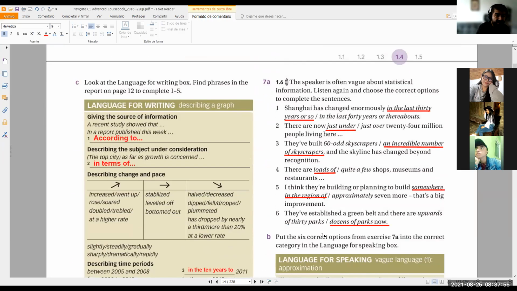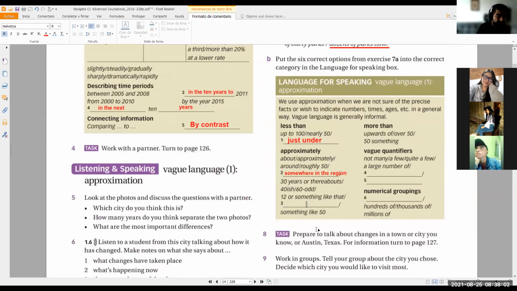But if we go to the audio, where it appears is in the last 30 years or so. So we're gonna put the example complete here: in the last 30 years or so, okay? It looks more organized this way. There you go. So we're gonna continue with the number 4.